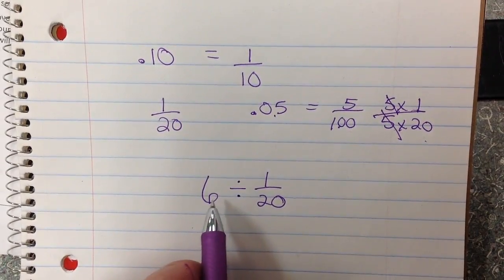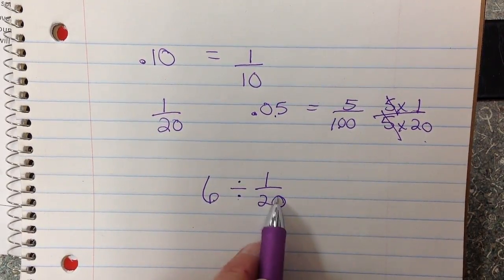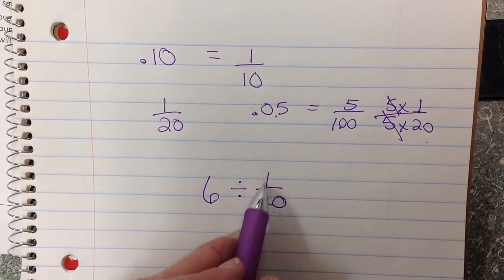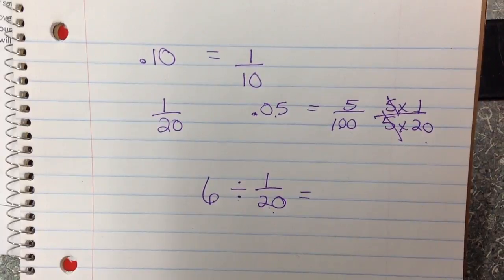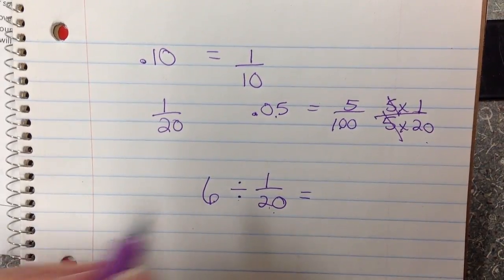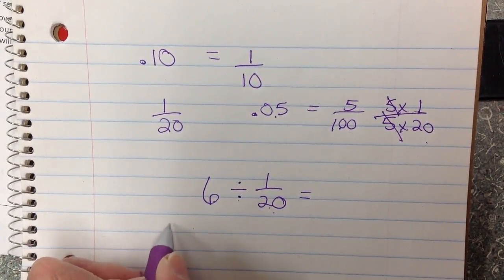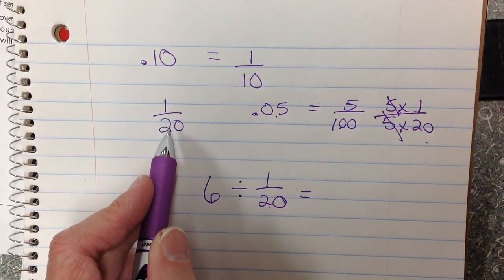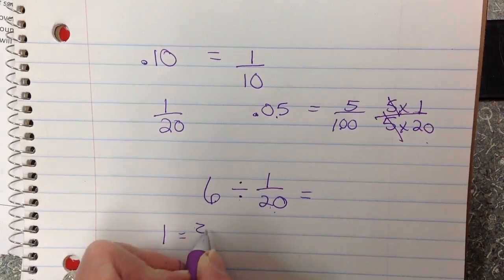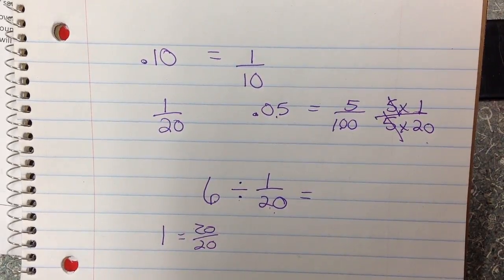So I have the problem $6 divided by 1/20th. How many 1/20ths can I get out of $6? Now, I'm first going to think, how many nickels can I get out of $1? Well, it already tells us 20. 20/20ths is 1 whole.